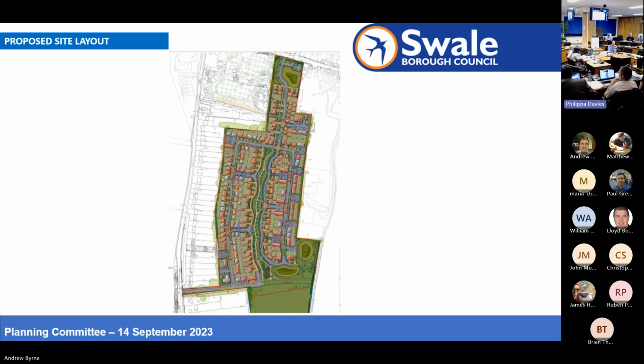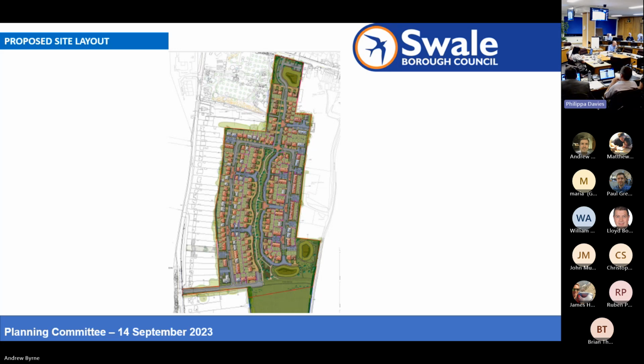William? Yes, thank you, Chair. Through you, access was considered at the outline planning stage, and it was deemed to be acceptable by the local highway authority, Kent County Council. Clearly, matters pertaining to the internal arrangements within the site were also considered by Kent County Council, and similarly were found to be acceptable. Clearly, there's a central spine running through the site which allows walking and cycling from the south of the site to the north.